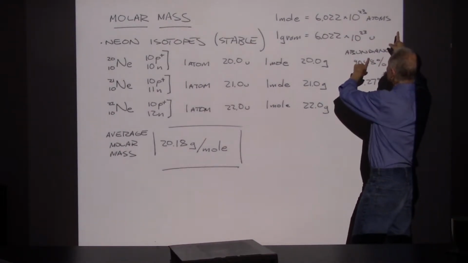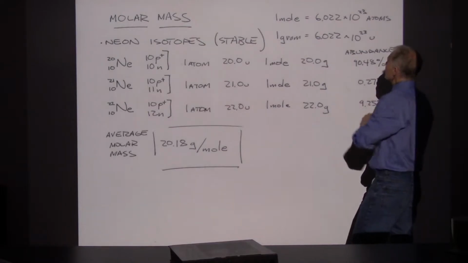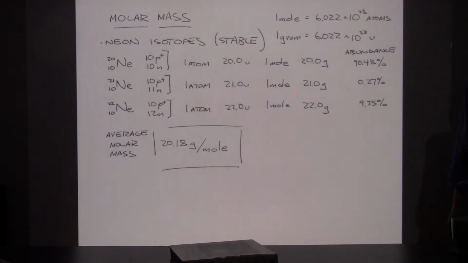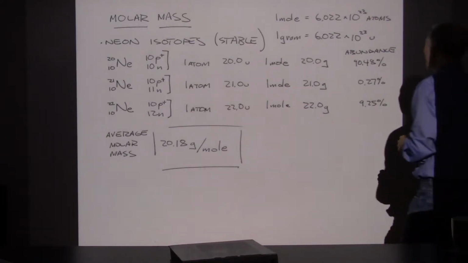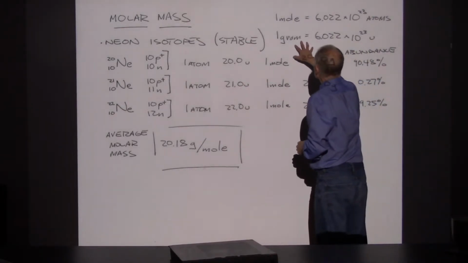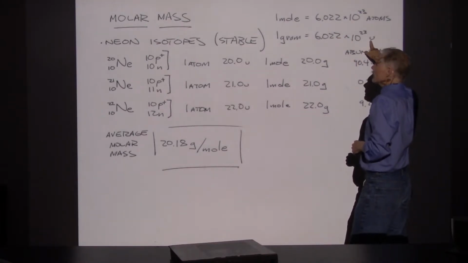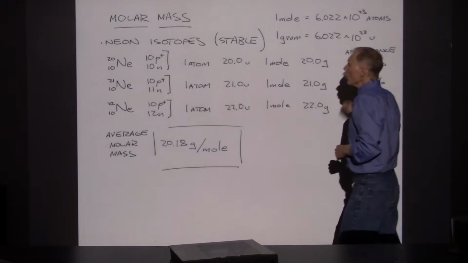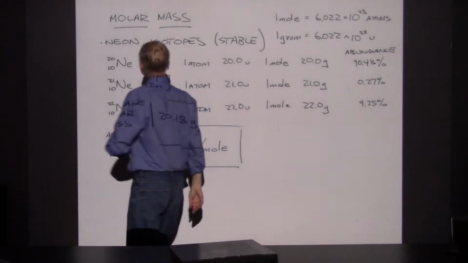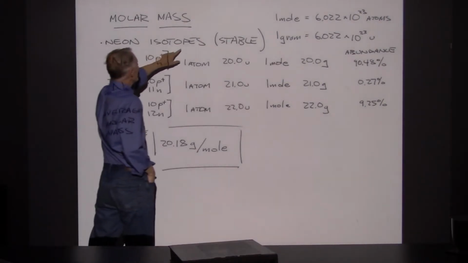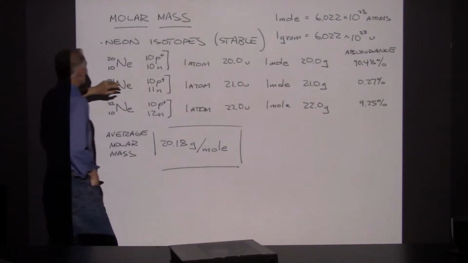If it's atoms we're counting, then it's that number of atoms, but if it's molecules we're counting, it's that number of molecules. 1 gram is the same thing as Avogadro's number of atomic mass units. So let's think in terms of the isotopes of neon. These are the stable isotopes.